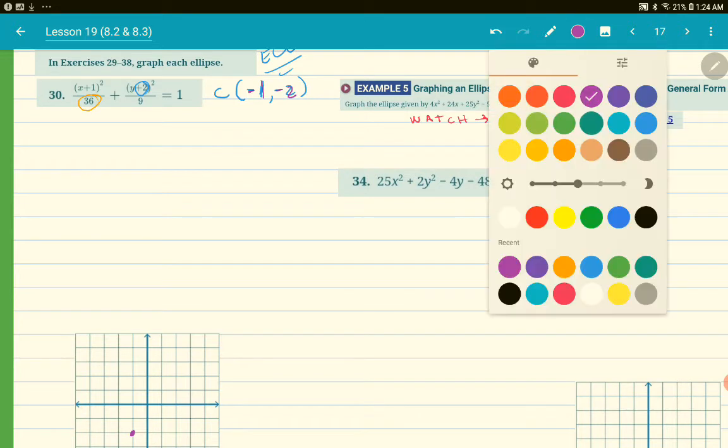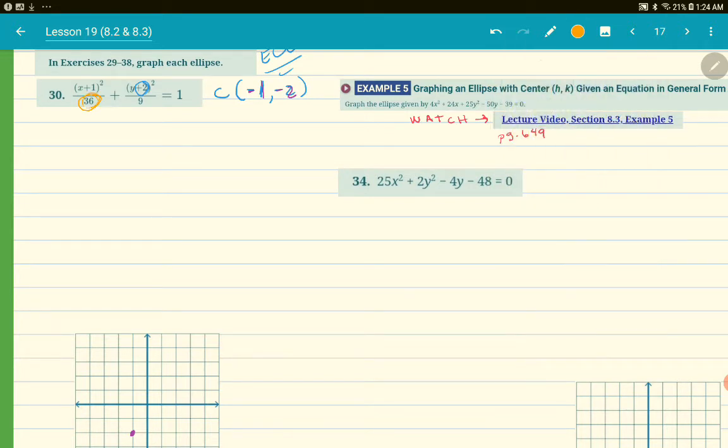And then in the horizontal direction, I take the square root of 36, and I go plus or minus from the center. So this is actually (x plus 1) squared over 6 squared. So I know that the axis in the horizontal direction is going to be 6 units right and 6 units left from the center.